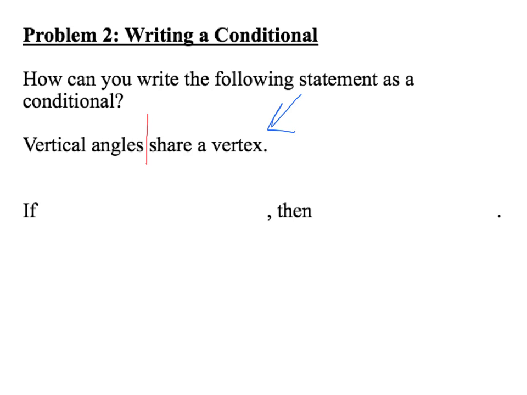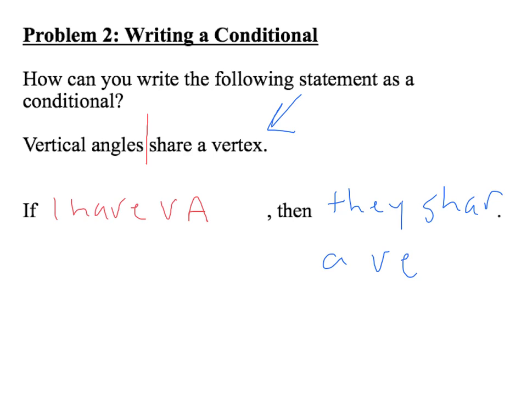So I could say, if I have vertical angles, I'm going to hyphenate it for VA, then they share a vertex. So the first part of the sentence should always go after the if. Second part is always after the then.